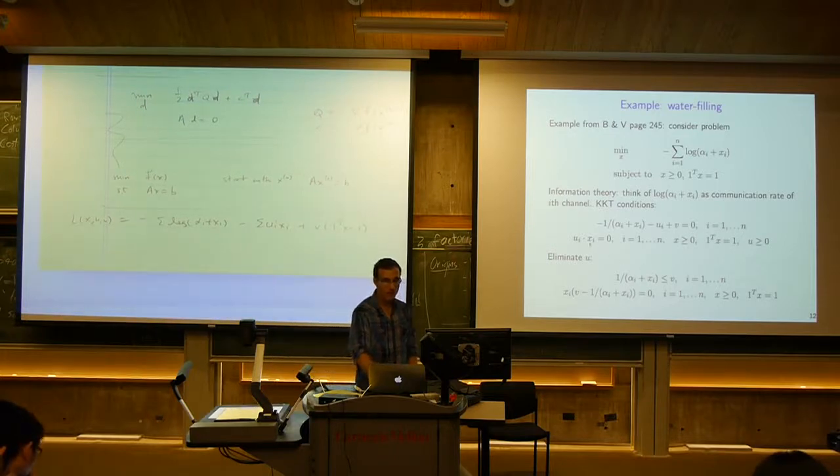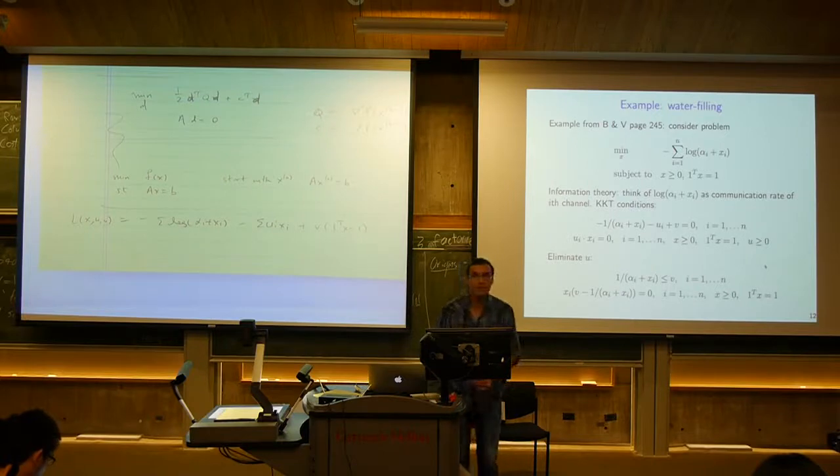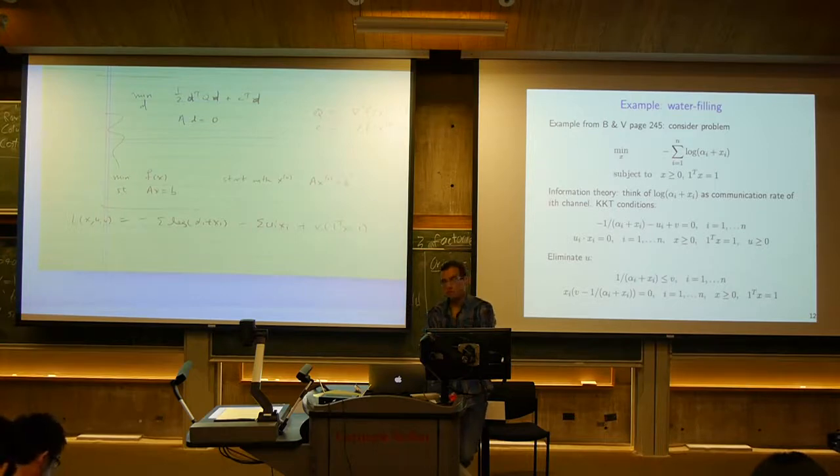And then these are everything else that you'd usually see, right? Complementary slackness, just u_i times x_i must be equal to 0. x is bigger than or equal to 0, sums to 1, and u is bigger than or equal to 0. So if we can satisfy these conditions for any x, u, and v, then we have solutions. We have the primal solution in x, and we have a dual solution in u and v.